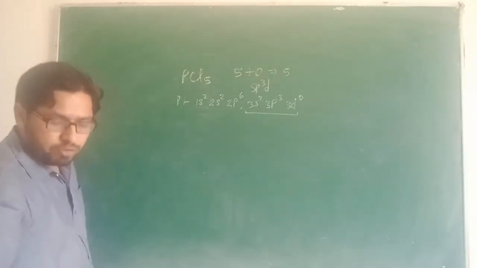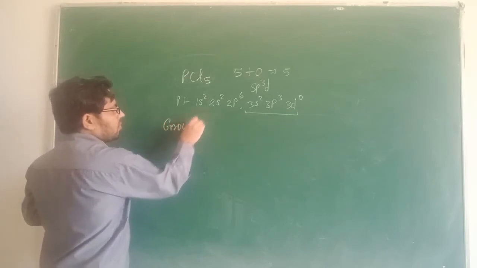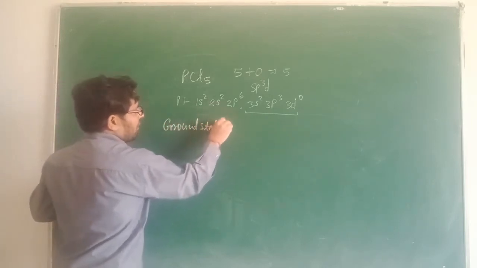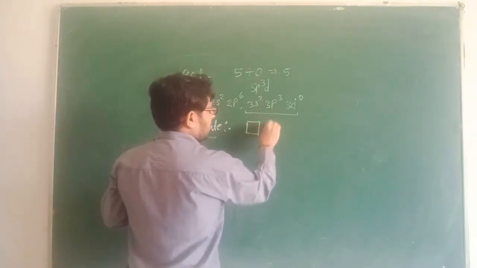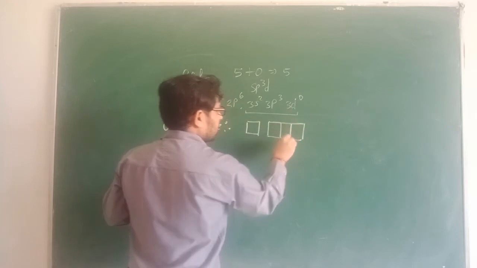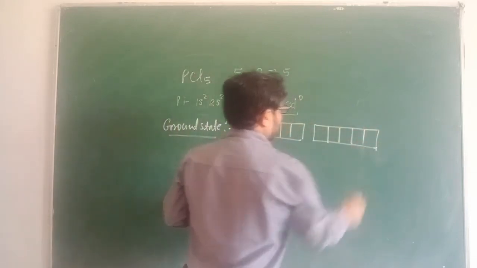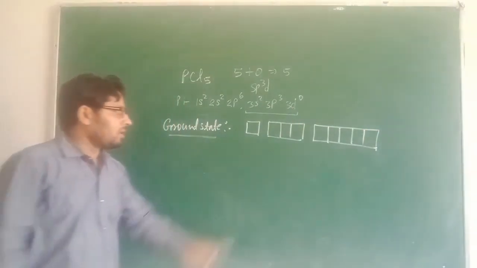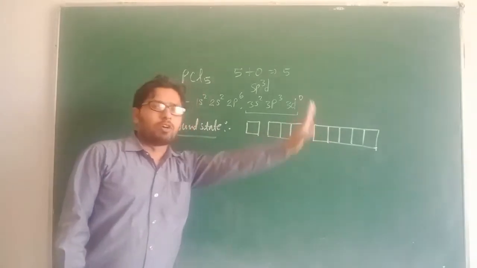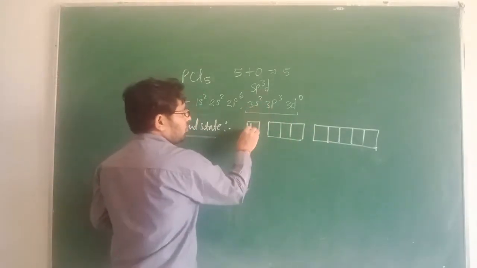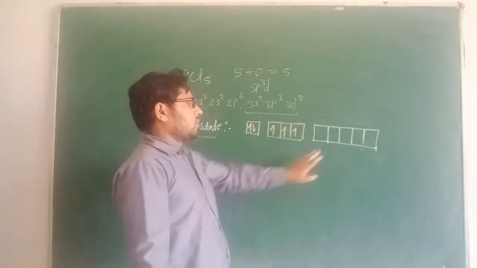So in the third shell, the ground state. If I look at the ground state, this is for 3s, then this is for 3p, and 5 orbitals for 3d, 1, 2, 3, 4, 5. For s 1 orbital, for p 3 orbitals, for d 5 orbitals. Now in 3s2, 2 electrons have entered, in 3p3, 1, 2, 3, and there is no electron in d.